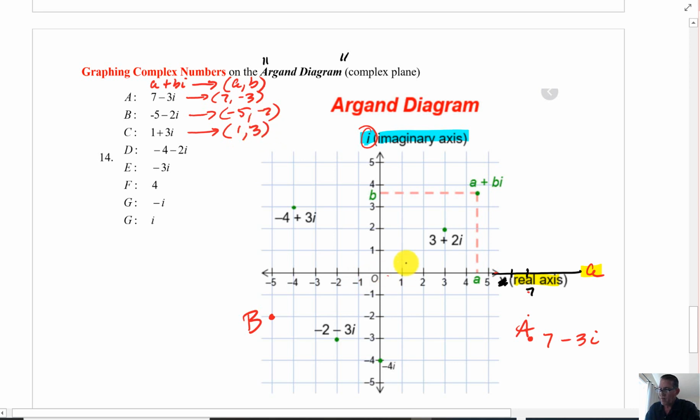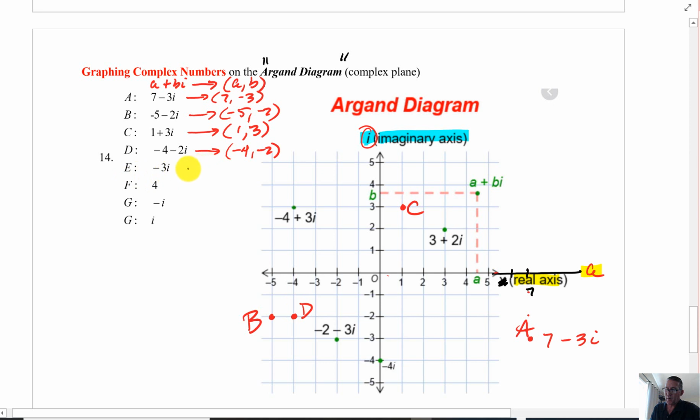So we go 1 right, 3 up. C would be right up there. And then negative 4 minus 2i would be interpreted as negative 4 comma negative 2. That's left 4, down 2, right here, and that'd be D.